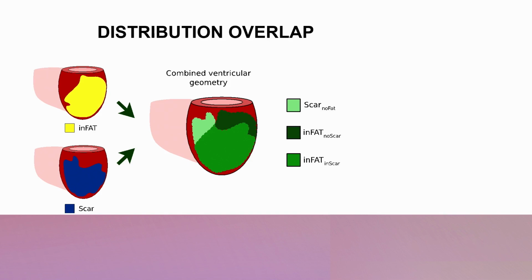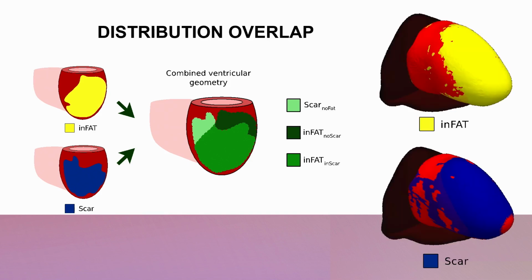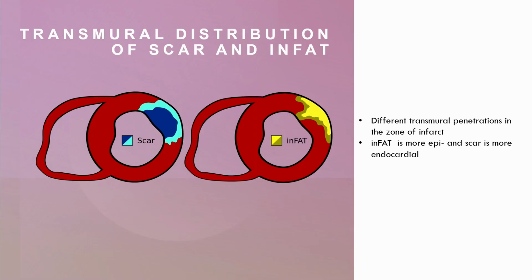You can see the combined distribution, and here is one example. You can see, it's a large infarct. This is the scar, but the fat is actually somewhat to the side of it. And when you compare the transmural distributions over the entire cohort, it's actually quite different. The scar had a more endocardial distribution. That's the average of all patients, when the fat was more epicardial.